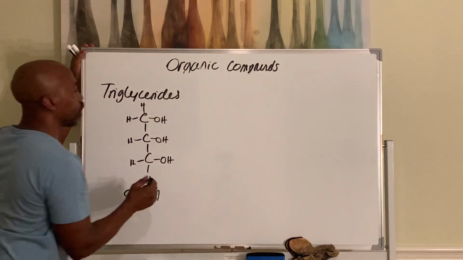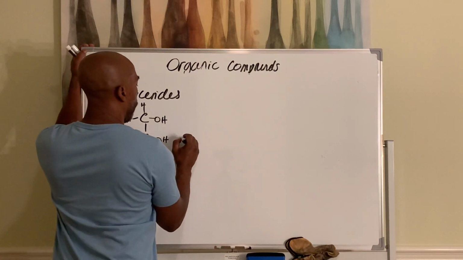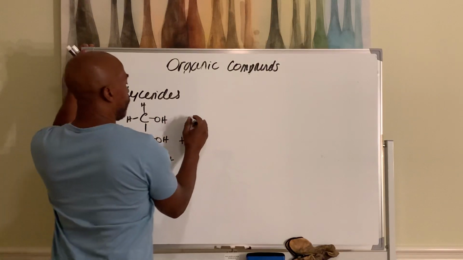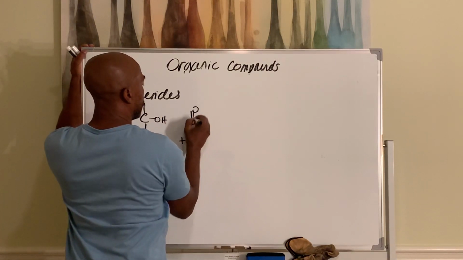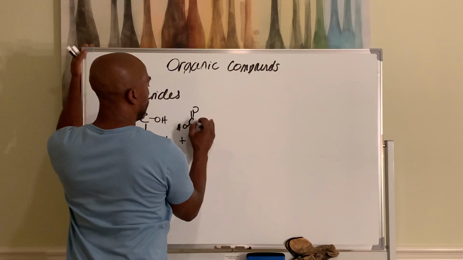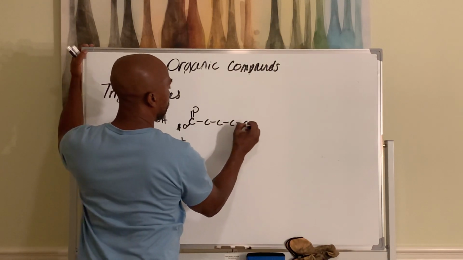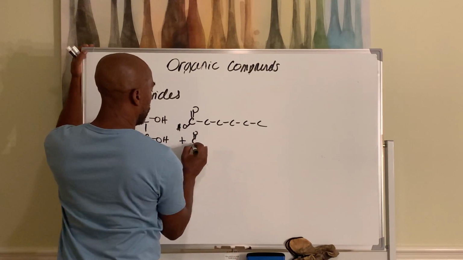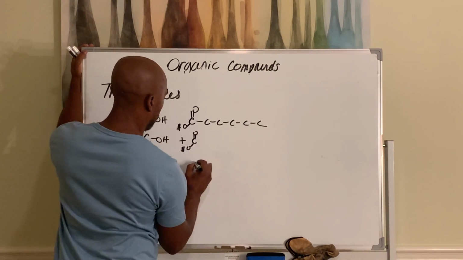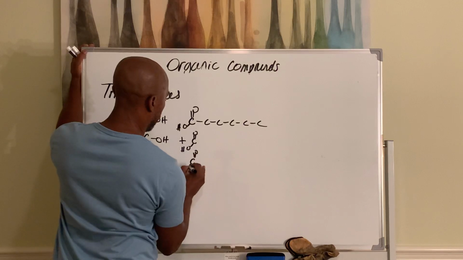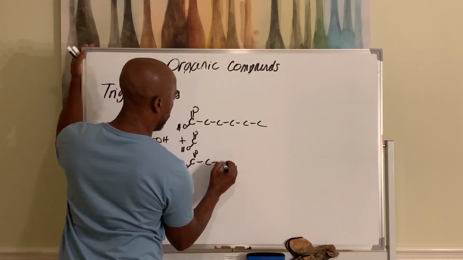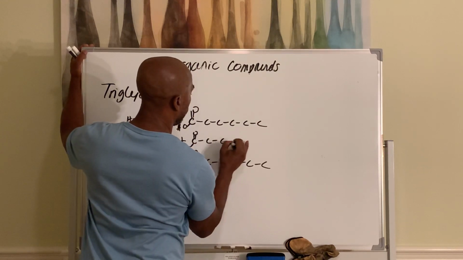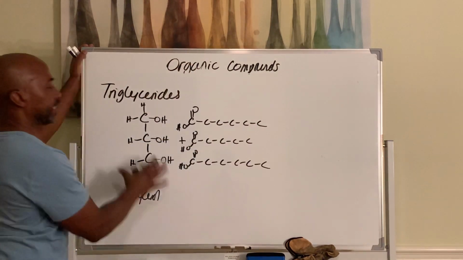Okay, so glycerol will react with 3 fatty acids. So you're gonna have a fatty acid here. Another one here. Another one here. Right, fatty acid. So we have 3 fatty acids.